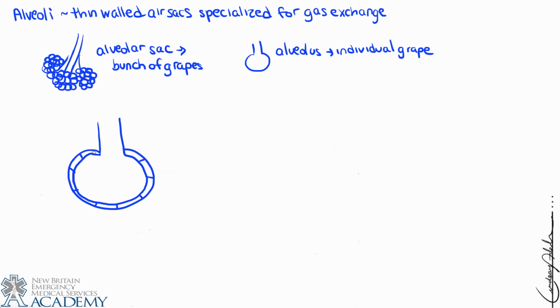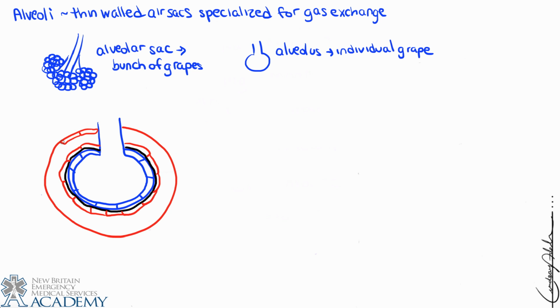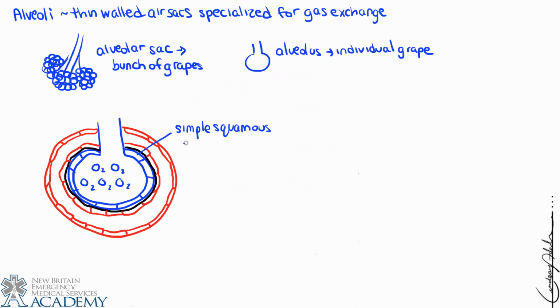So let's just draw it a little bit bigger and take a look at the tissue structures that we're going to see, and what's going to happen here in terms of stuff crossing this membrane for gas exchange. So we have our air that's in the alveoli, and then we have a single layer of epithelial cells, which is simple squamous epithelium, which basically lines the alveoli.